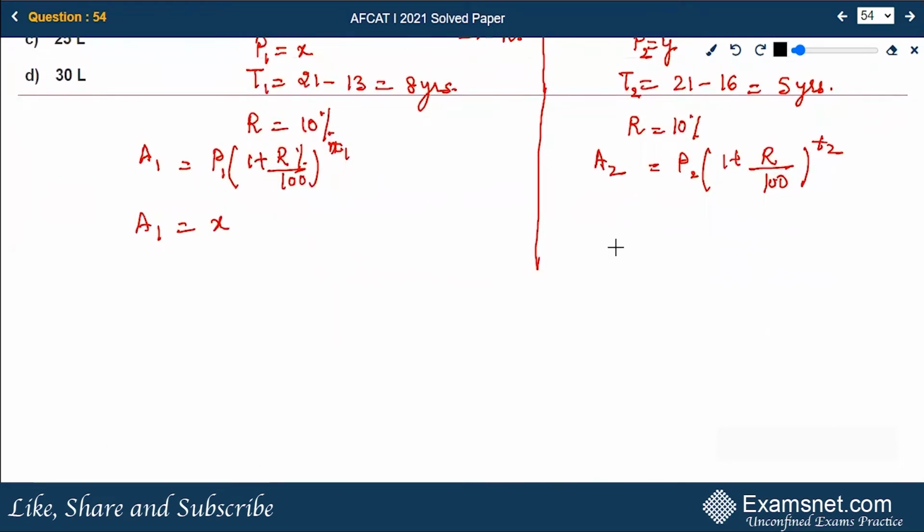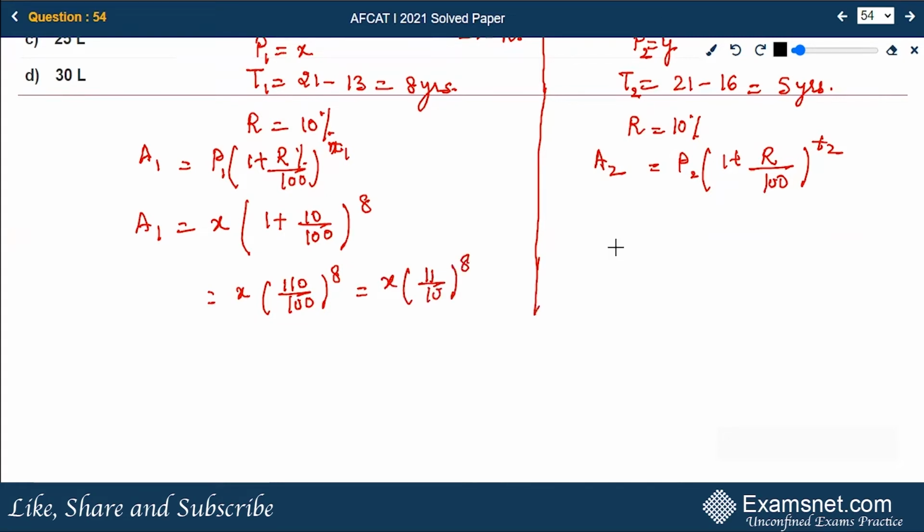Amount 1 is X into (1 plus 10 upon 100) raised to power 8, which makes it X into (110 upon 100) raised to power 8, or this is X into (11 by 10) raised to power 8. Over here, A2 is equal to X into (1 plus 10 upon 100) raised to power 5, because the time is 5 years in this case, which makes it X into (11 upon 10) raised to power 5.